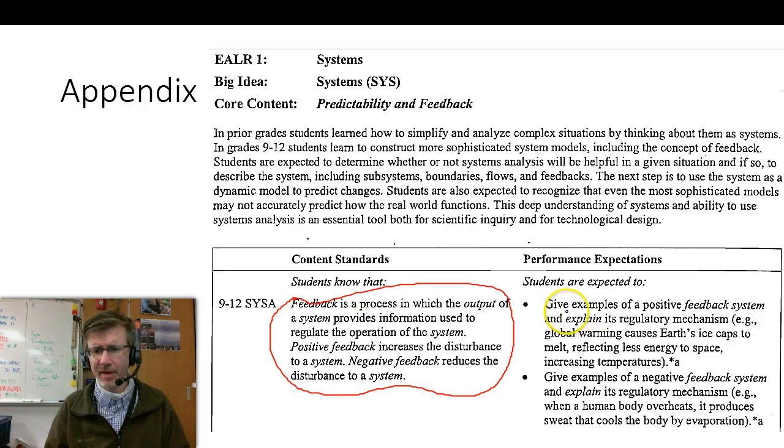Give examples of positive feedback. Explain the regulatory mechanism. They're going to talk about an example here, so take a look at this example. And then they're going to talk about an example of negative feedback, because there's two types of feedback, positive feedback and negative feedback. Okay? And then we'll be done. That's it. You'll have everything you need to know to master systems.